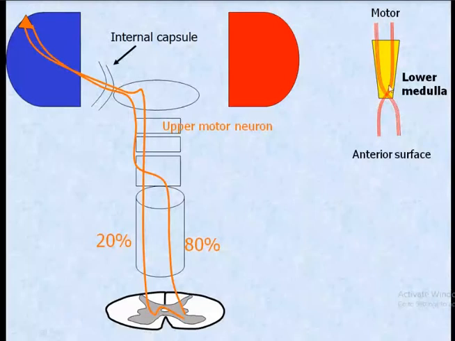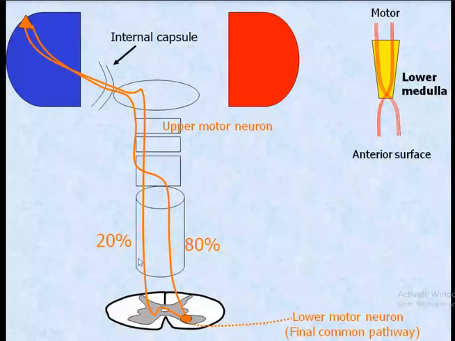This crossing of the descending fibers also occurs in two different manners. Almost 80% of the fibers cross, forming the motor decussation at the lower end of the medulla oblongata, while the remaining 20% descend down without decussation and finally decussate at the level of the spinal cord only.